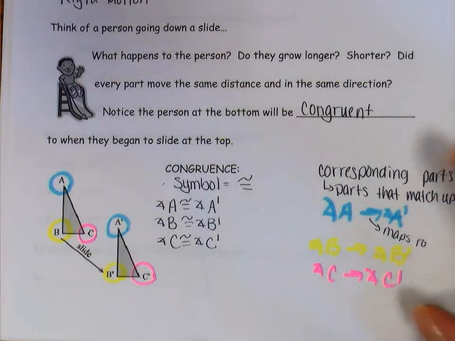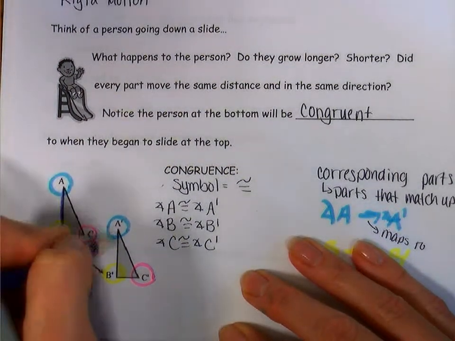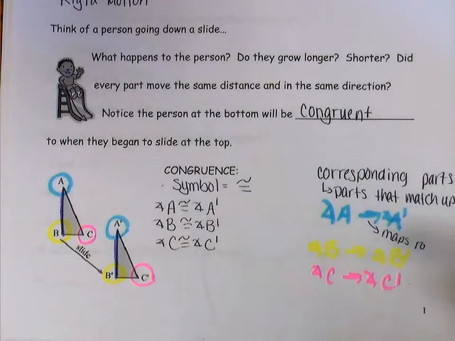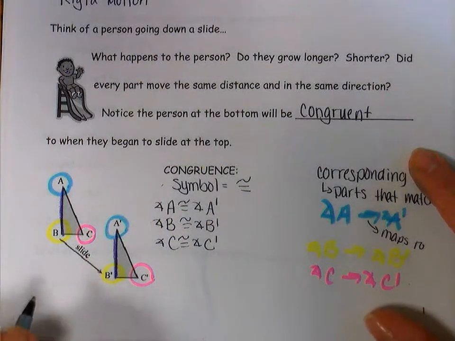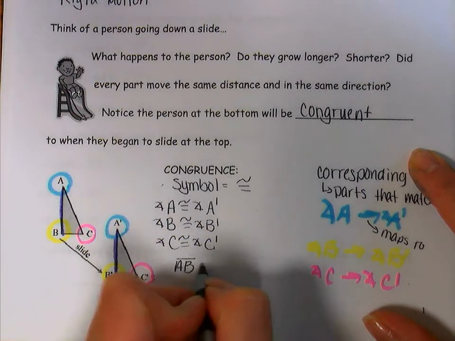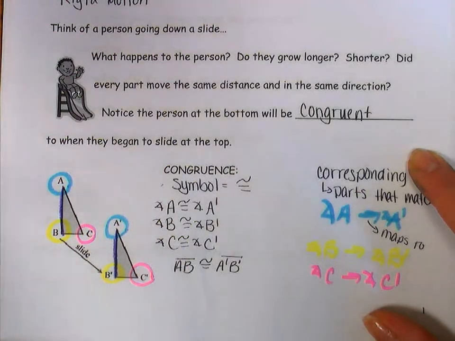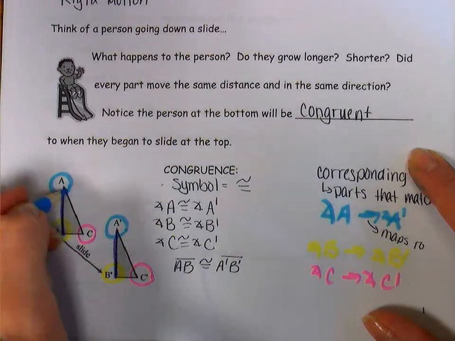Now we can also take a look at the segments. AB is corresponding and congruent to A prime B prime. And I can take a look at AC.